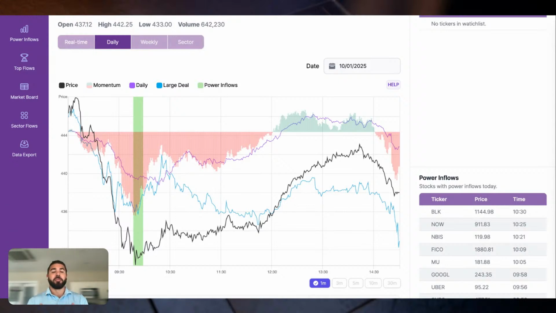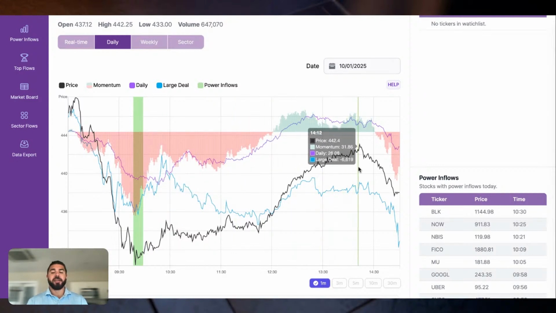One thing I really want to point out about this chart specifically that I think is pretty important to note, you'll notice the stock actually finished lower on the day. It was down about 2%. But if you got in to ISRG around where the power inflow signal was activated, again around 11 a.m. Eastern, the price was around 431, 430.